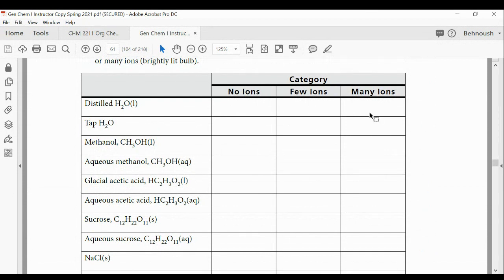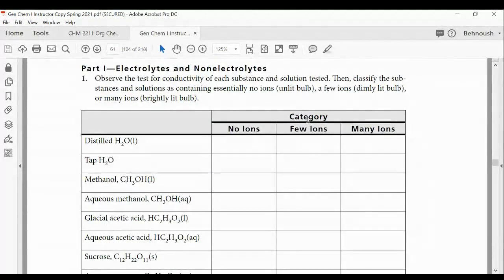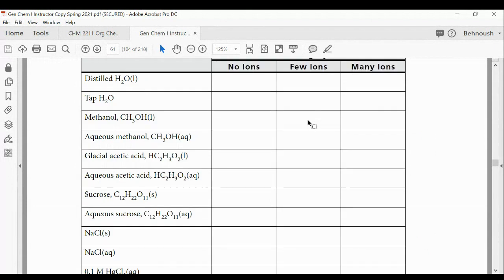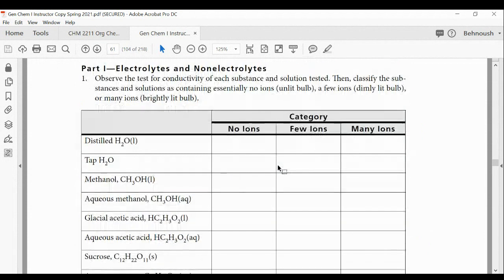So: no ions, few ions, many ions. Many ions would be a strong electrolyte, and you get a bright light. Few ions would be a weak electrolyte. I should change the title for the table: weak electrolyte means few ions, strong electrolyte means many ions, and non-electrolytes have no ions.